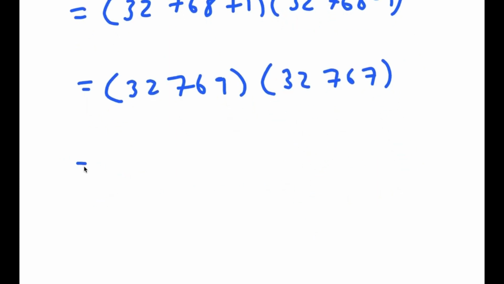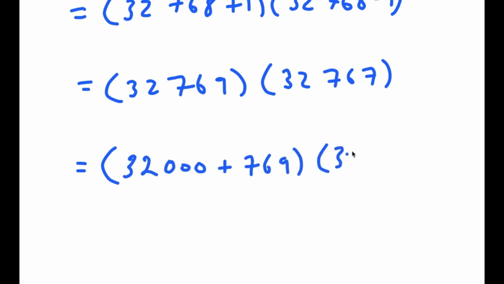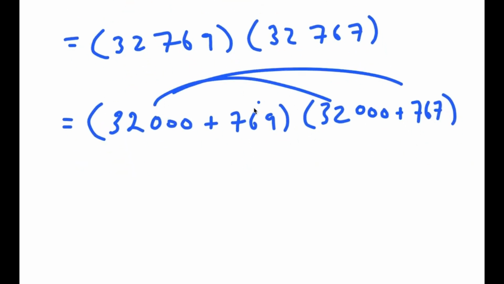Now, a simple way to solve this, instead of having to actually multiply them the regular way, is to write this as 32,000 plus 769 times 32,000 plus 767. Now I'm going to distribute.